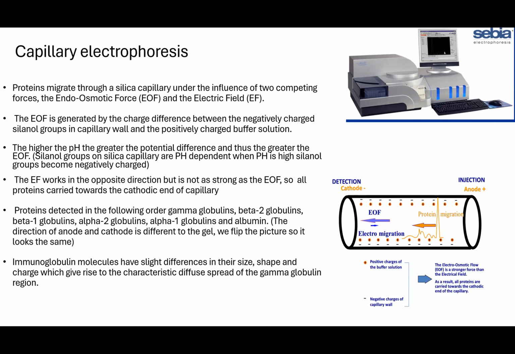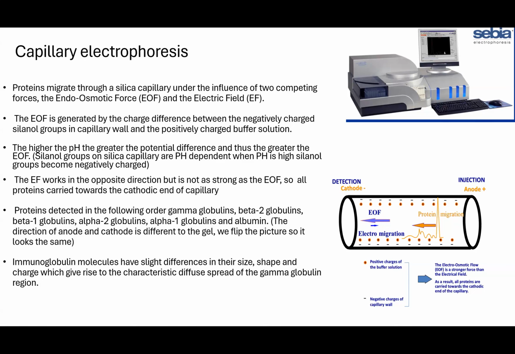Because if you remember, in gel electrophoresis we put the sample towards the negative electrode, and then they move towards the positive electrode, whereas in capillary electrophoresis it is opposite.